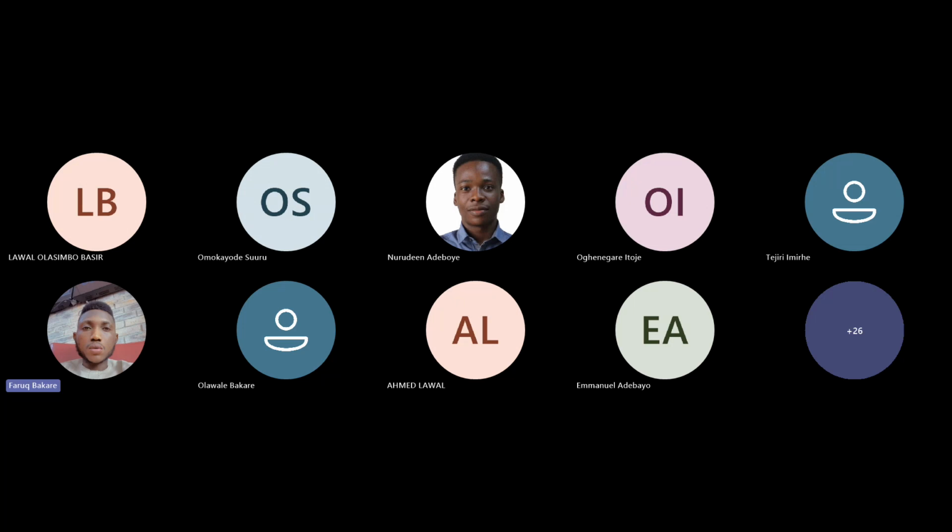M365 also contains the security platform, which is called Enterprise Mobility Plus Security, because no matter how you collaborate, security is very, very important, right? So it contains Office 365, the Enterprise Mobility Plus Security, as well as the Windows Enterprise Upgrade.